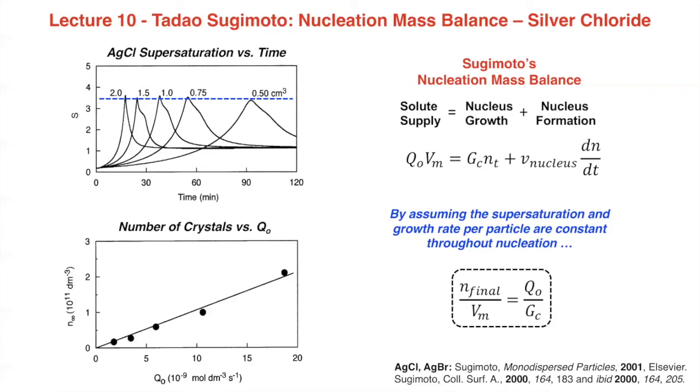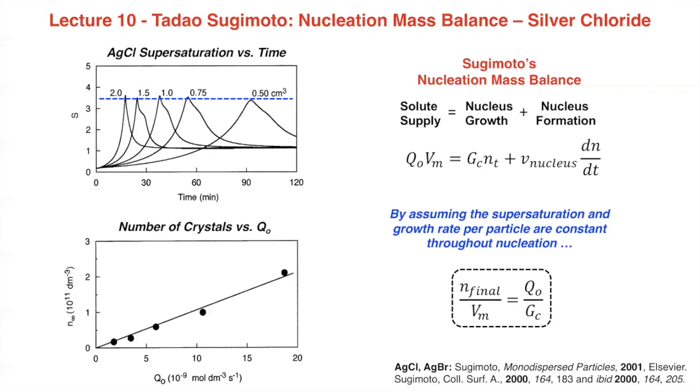And as the number of crystallites goes up and the consumption of solutes by the crystallites becomes more and more important, the total amount of monomer being consumed is going to be proportional to the number of crystals. Increasing the number of crystals makes solute consumption faster.